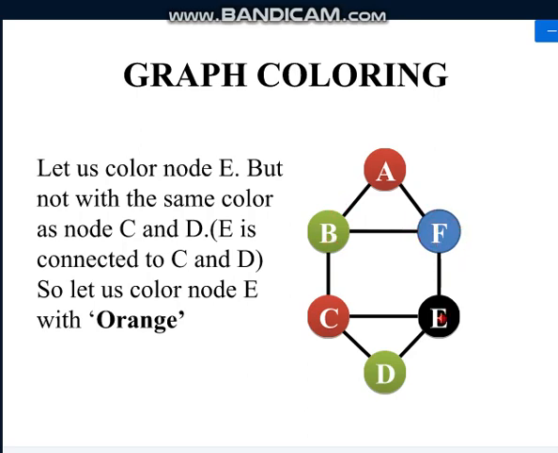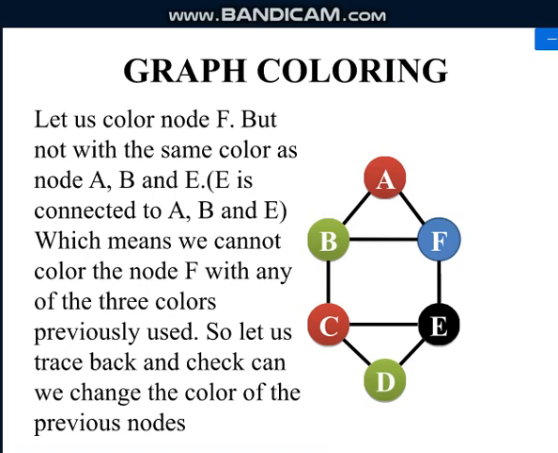F is also connected to E, so I cannot color F with the third color I have used, isn't it? So if you try to color F, you cannot color it with the same color as A, B and E, because F is connected to all these three nodes.